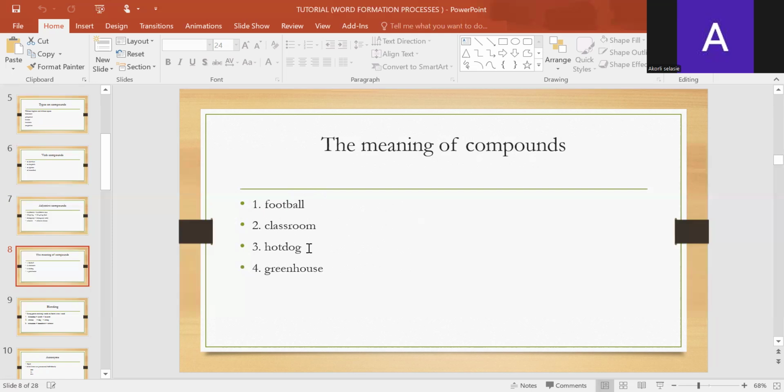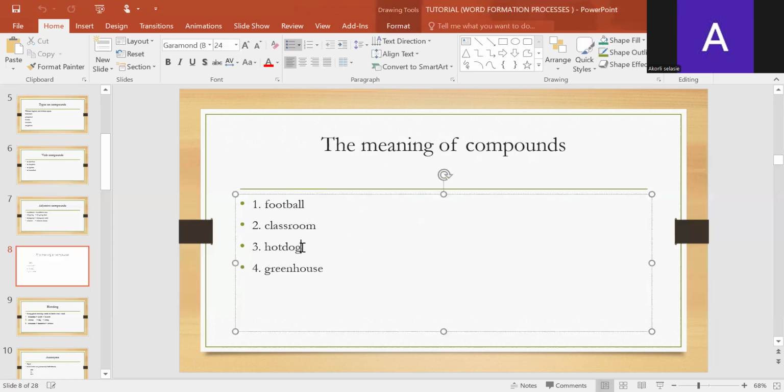But then, if you say hot dog, it doesn't mean that it's a dog which is hot. It's a different thing, I think it is food. Then greenhouse also doesn't mean a house which is green. So it is possible to derive the meaning of the compound from the individual words, but it is not always the case.